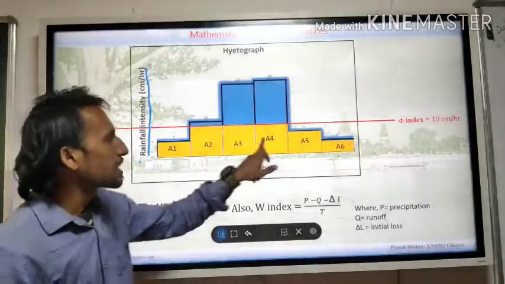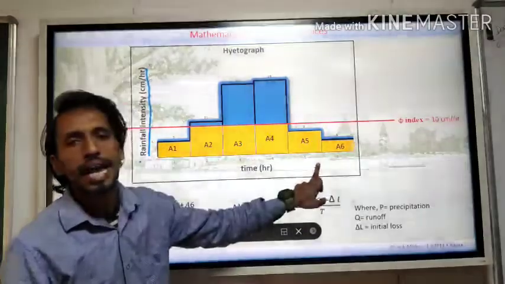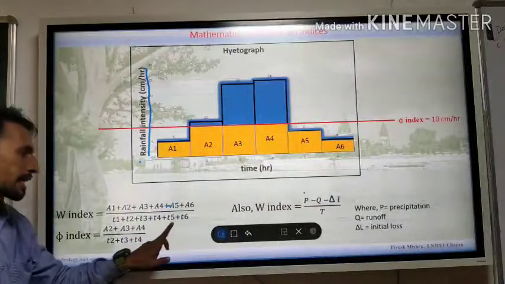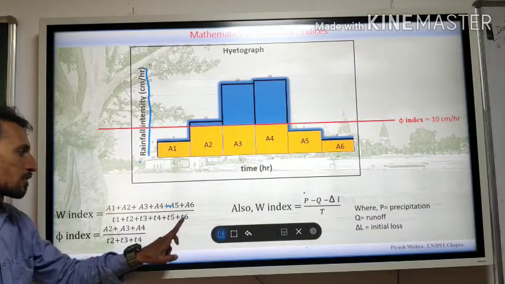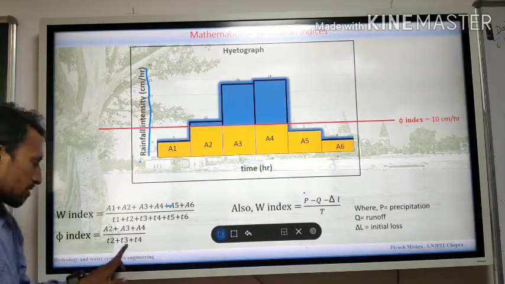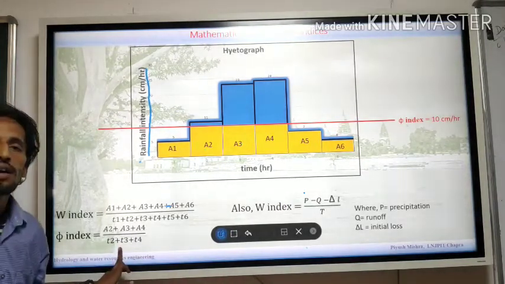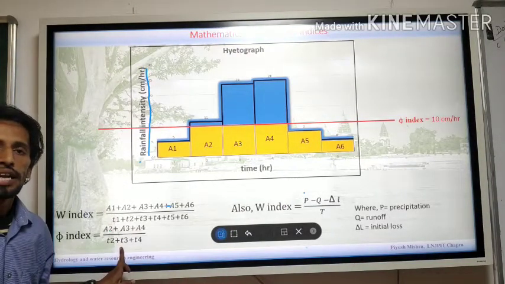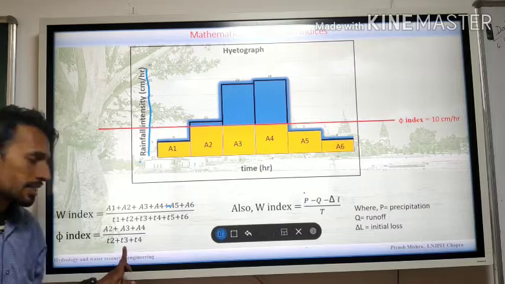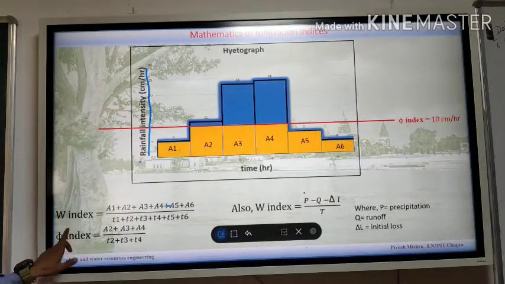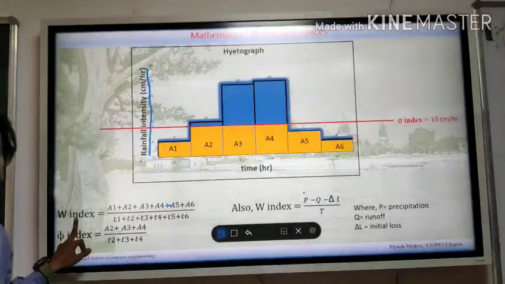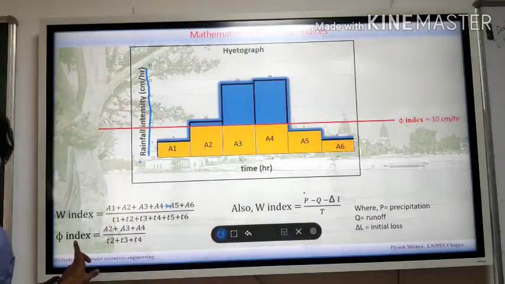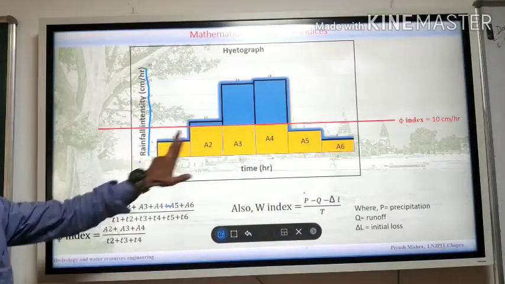So this is infiltrated water divided by time. This will give you what? Infiltration capacities.